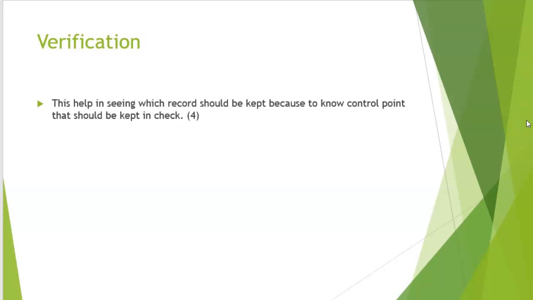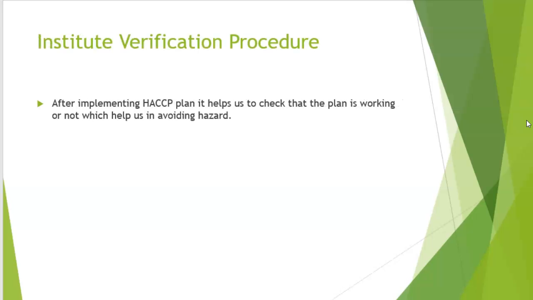Next is record keeping. How would you verify that everything is going well? By keeping a record of the control points to keep things in check. Last one is institute verification procedure. It is done to make sure that the plan we made is working or not, and that the hazard we don't want is gone.